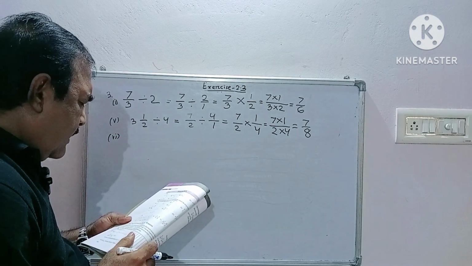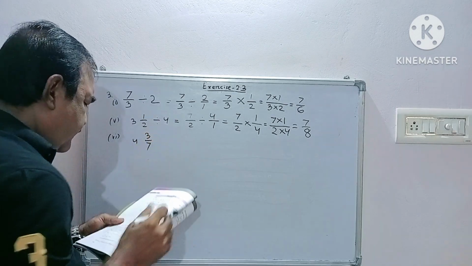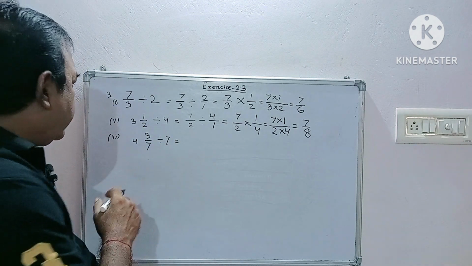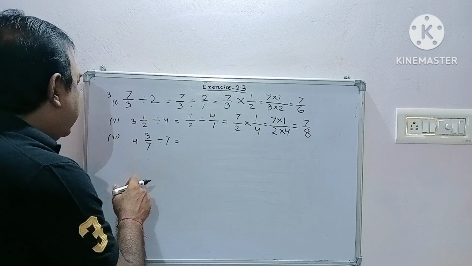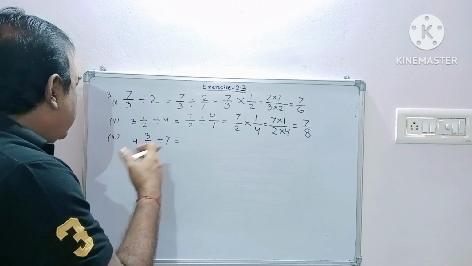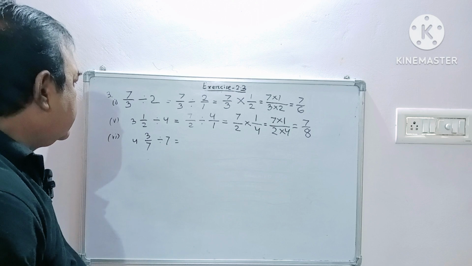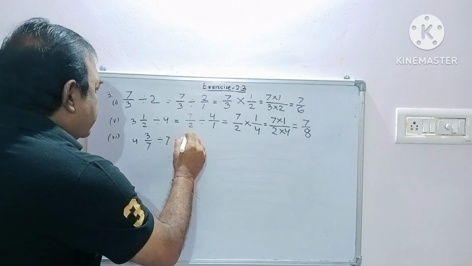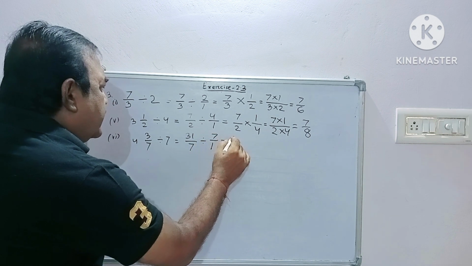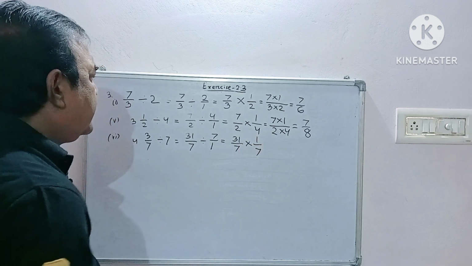So what is B3? 4 whole number and 3 upon 7 divided by 7. So what do you do here? You convert this mixed numeral into an improper fraction. 4 sevens are 28, 28 plus 3, that is 31. 31 upon 7 divided by 7 upon 1, that is equal to 31 upon 7 into 1 upon 7.